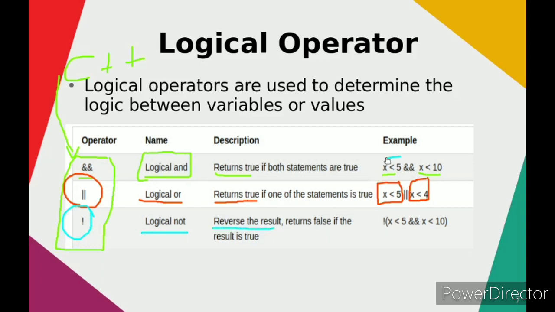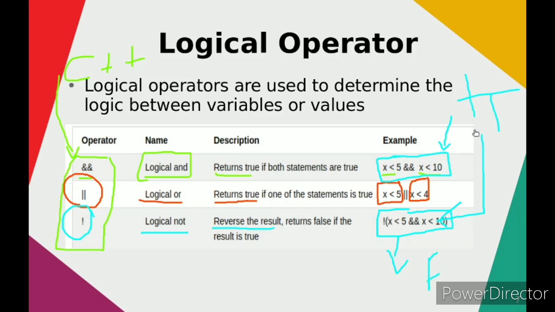Like if the result of this particular statement evaluates to true, then on applying our logical NOT to this expression, it evaluates to false, since the NOT of true is false and the NOT of false is true.